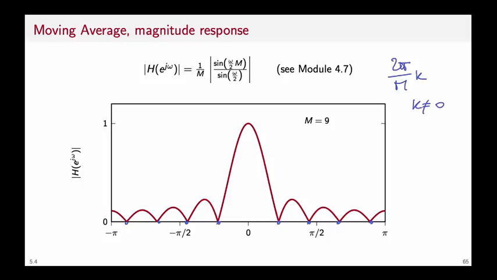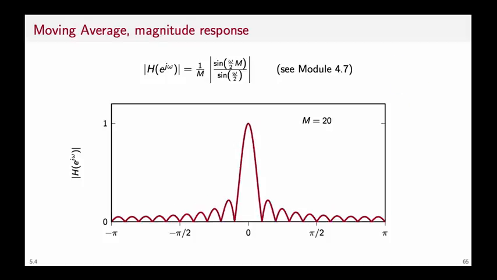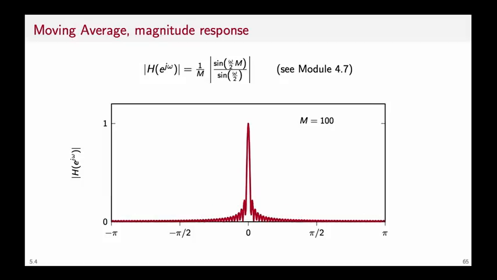We can plot the magnitude response for increasing values of capital M. For instance, here you have the frequency response for M equal to 20, and you could count the 19 zeros along the frequency axis. And here you have the frequency response for capital M equal to 100, and you can see that the frequency response is very concentrated around the origin. We will see the significance of that later on.